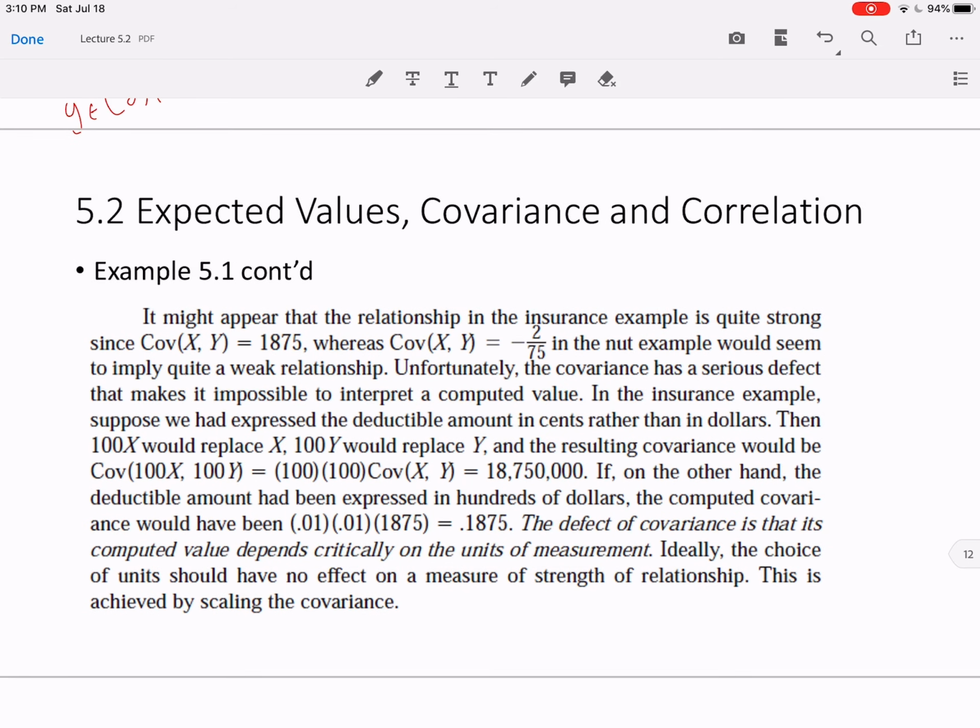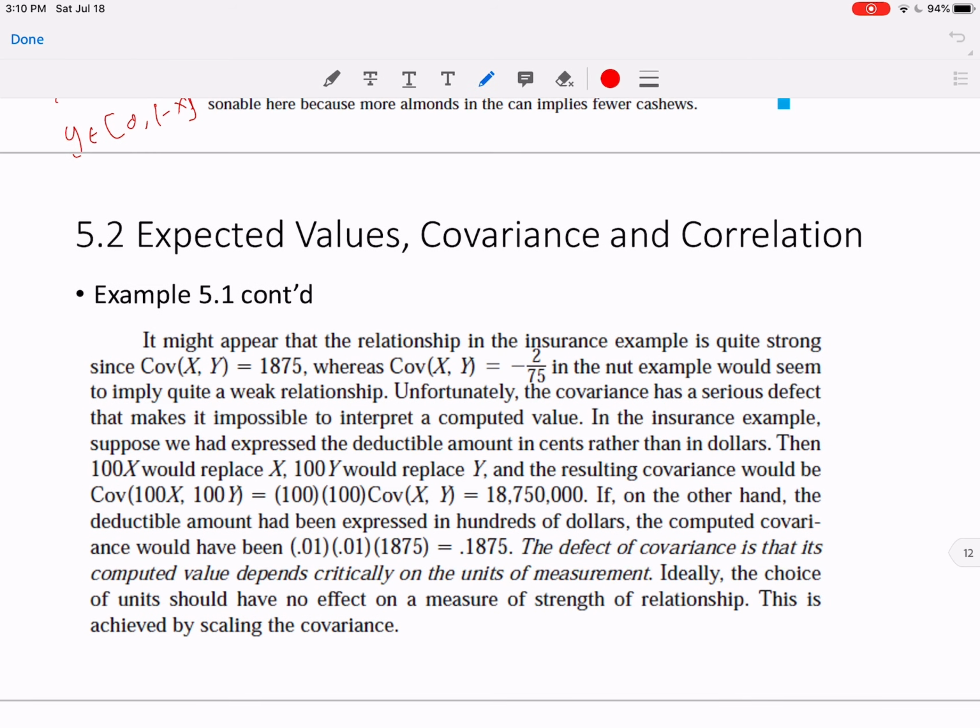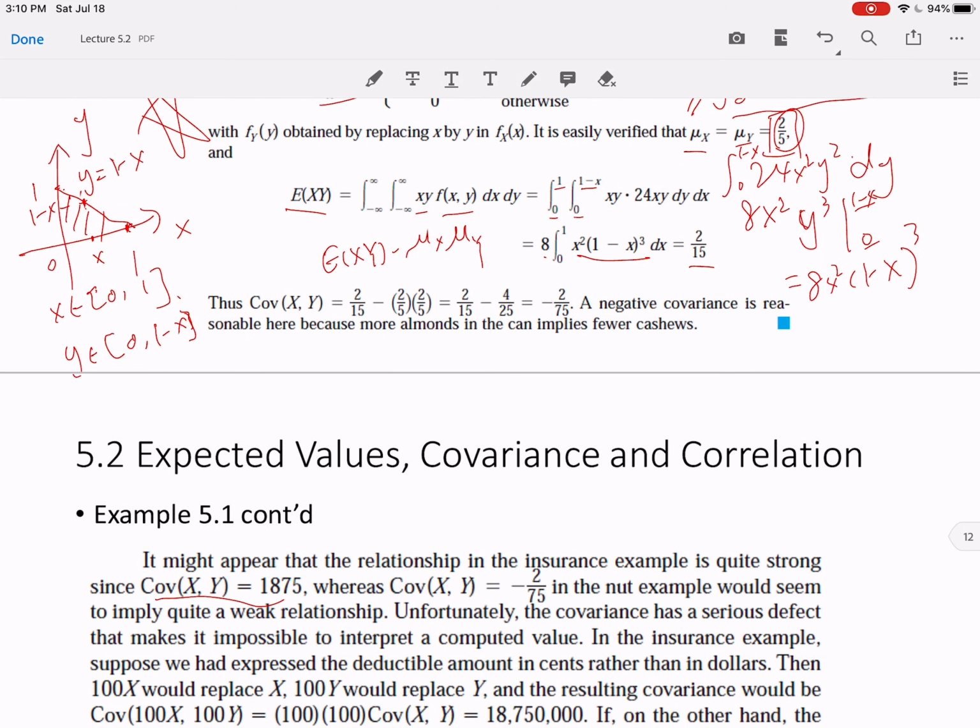Based on the previous calculation, it might appear that the relationship in the insurance example is quite strong, since the covariance is 1,875, whereas the covariance of x and y in this example is kind of low, because the value is close to 0, equal to negative 2 over 75.